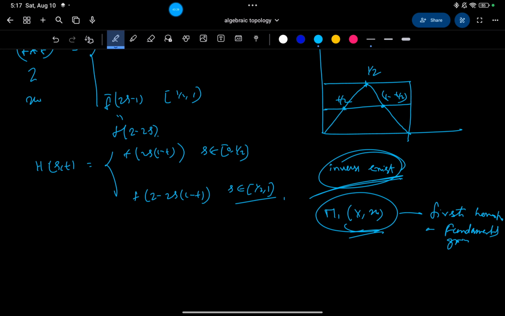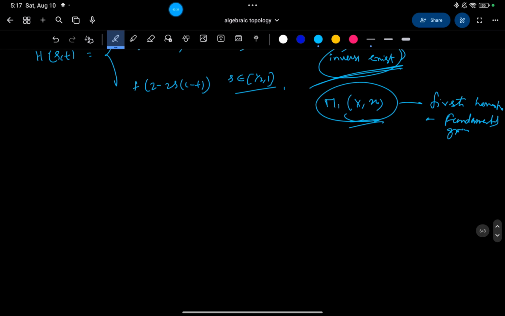So the question one can easily ask is, is it abelian? Suppose we have two loops. Let us consider here is one loop, and here is another loop.